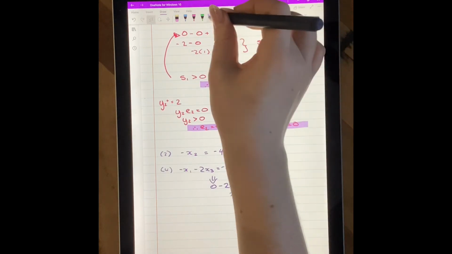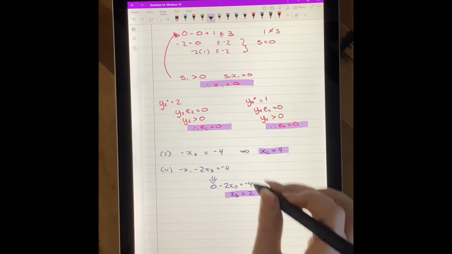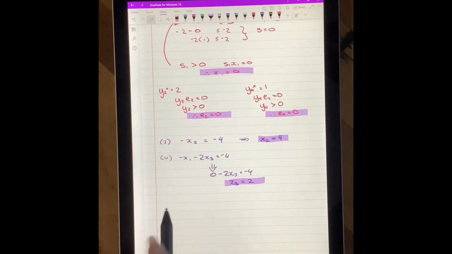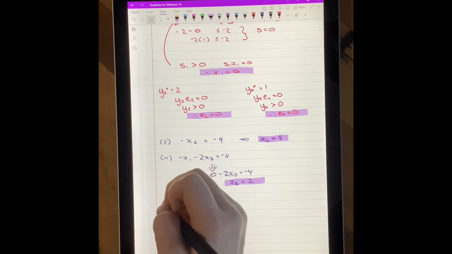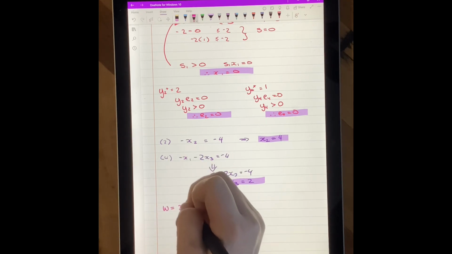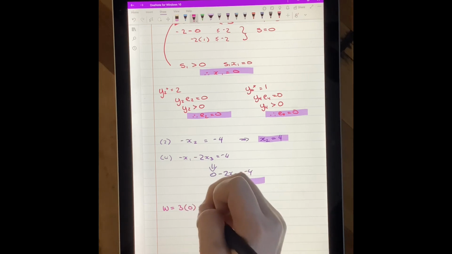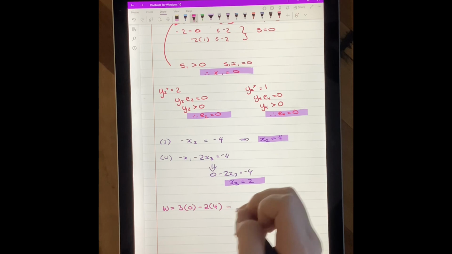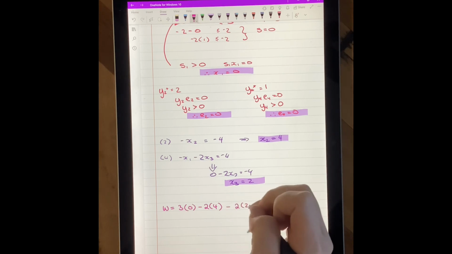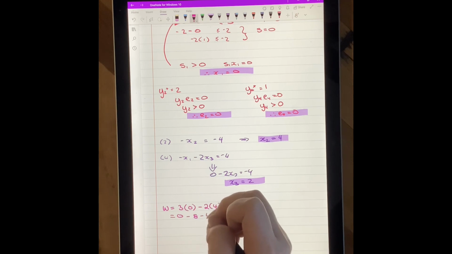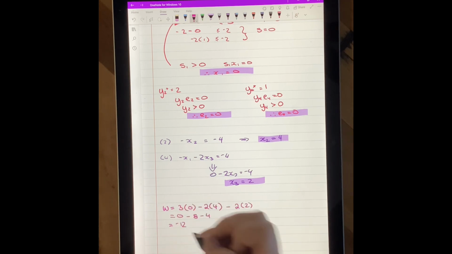Now, just to double check these and make sure we're all right, we substitute these variables into the objective function of the dual LP, which will give us minus 4 times 2, 0 minus 8 minus 4 equals minus 12.